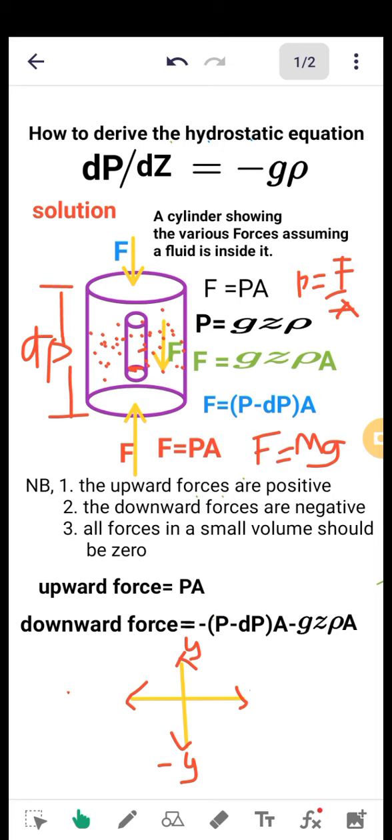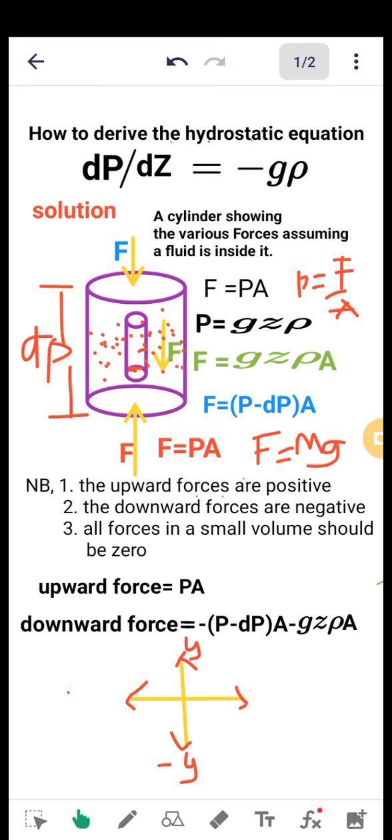I am very happy to share with you how to derive the hydrostatic equation. dP dz equals minus g rho.